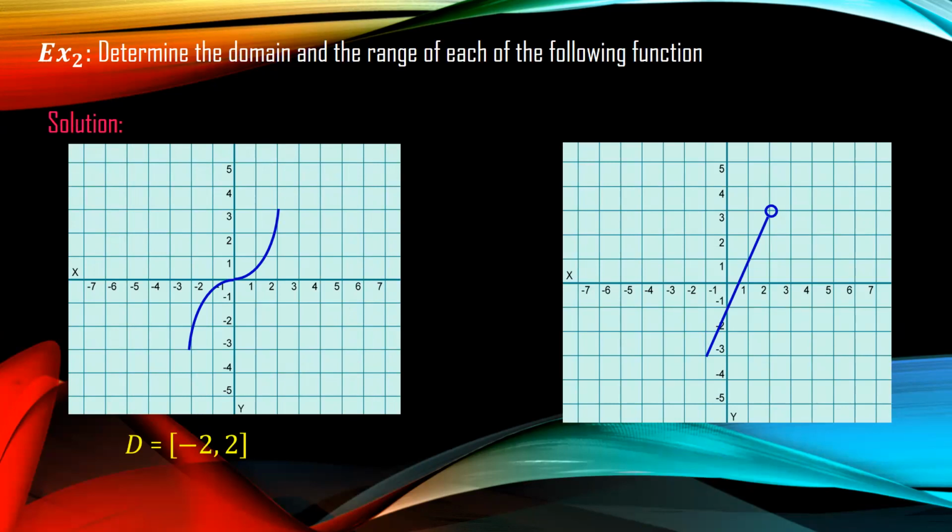The domain here is the closed interval [-2, 2], while its range is the closed interval [-3, 3]. The domain of this figure is the semi-closed interval (-1, 2], while the range is the semi-closed interval (-3, 3].